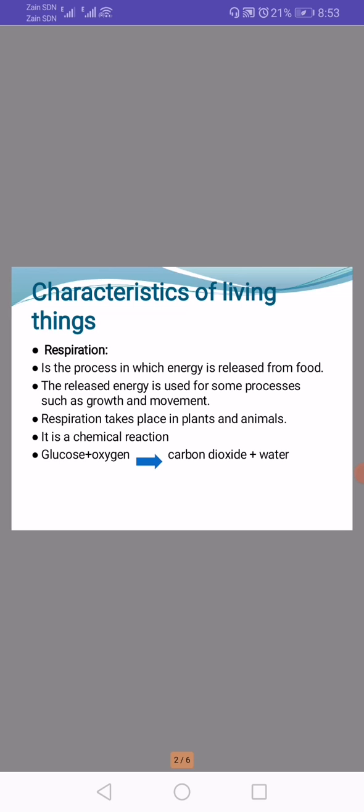As we said before, once things are classified as living, that means they do all 7 life processes, and respiration is one of these 7. So all living things, either animals or plants, respire.